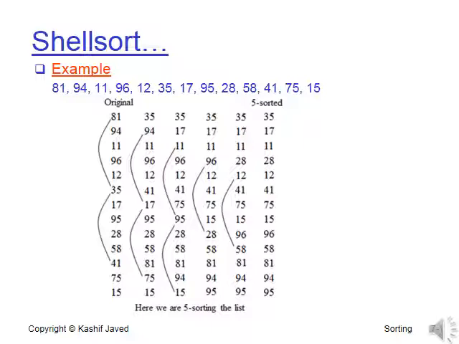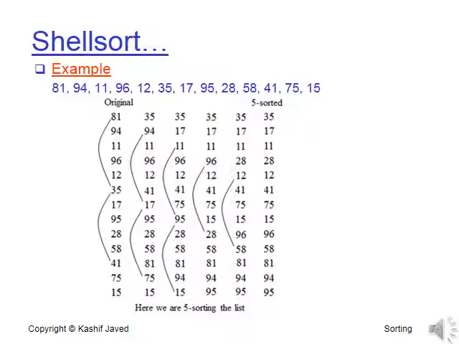Some of the last 5 sort sequence were missed in the last lecture. So let's redo it. We have 13 numbers to be sorted. Let's choose Shell's increment 5, 3, and 1.